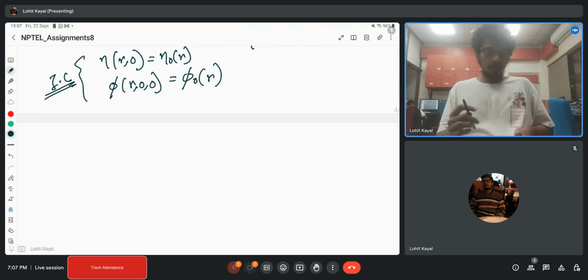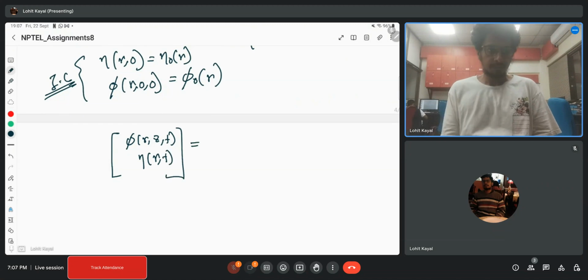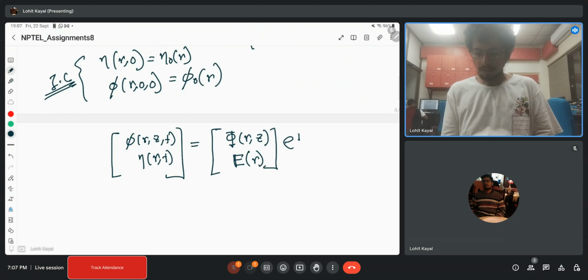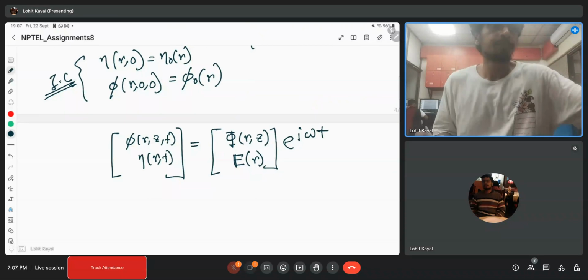So if I define like this, this is the normal mode approximation, e to the power of i omega t.